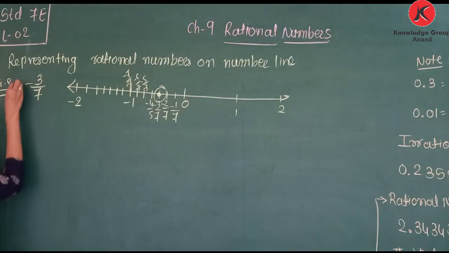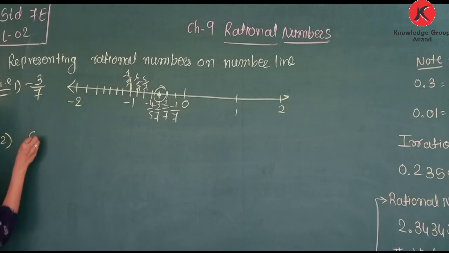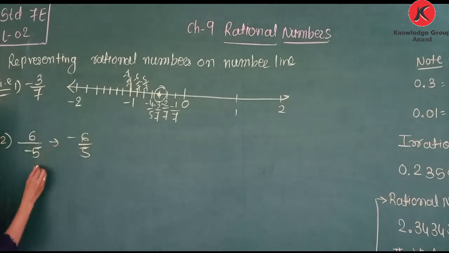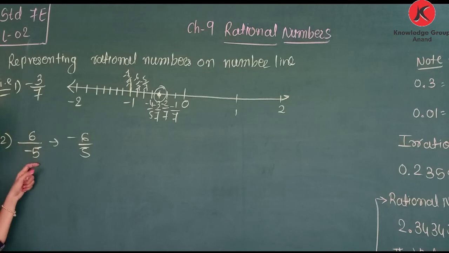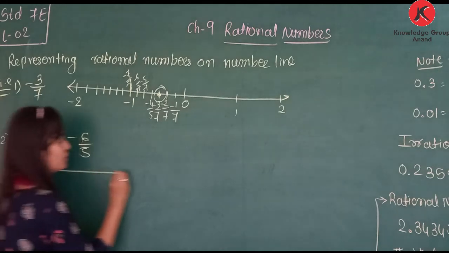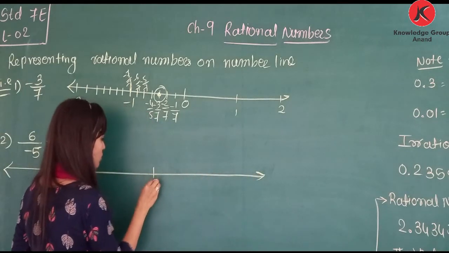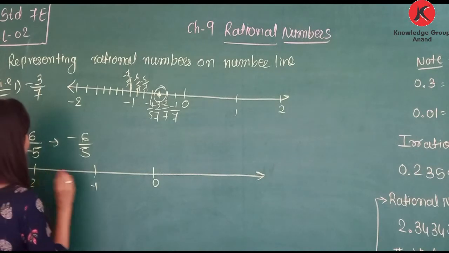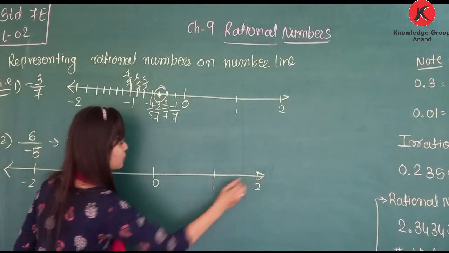Now if we have 6 by minus 5, this is nothing but minus 6 by 5, because if we multiply by minus 1 and minus 1, we get minus 6 by 5. So represent minus 6 by 5 on the number line. So 0, 1, 2, so it is minus 1 and minus 2, here 1 and 2.